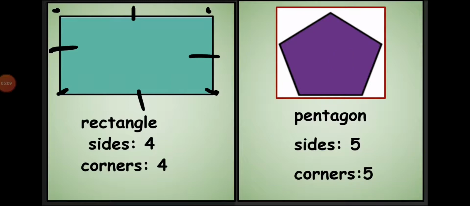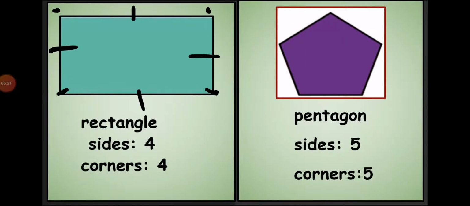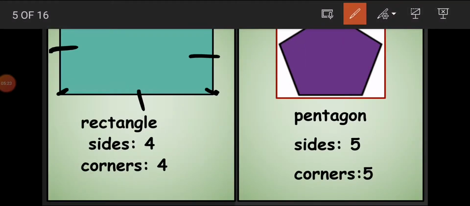Now look at the next shape. First, we count its sides. 1, 2, 3, 4, 5. It has 5 sides. Now count the corners. 1, 2, 3, 4, 5. So it has 5 corners.